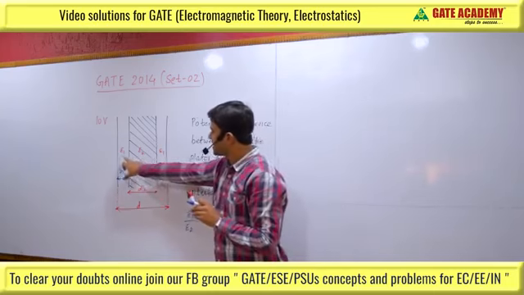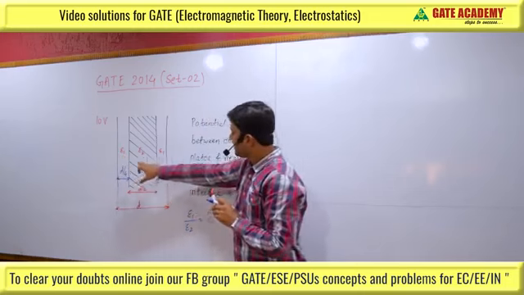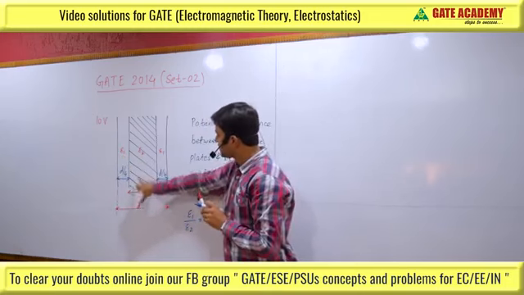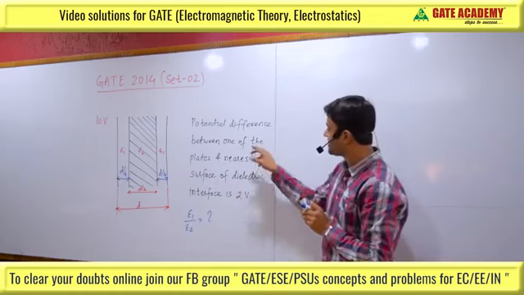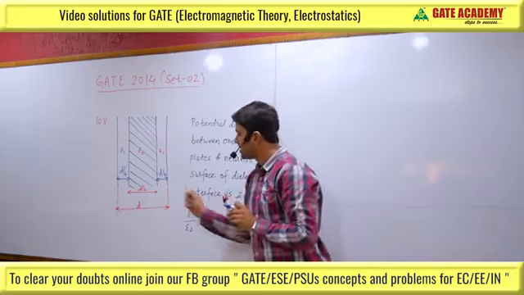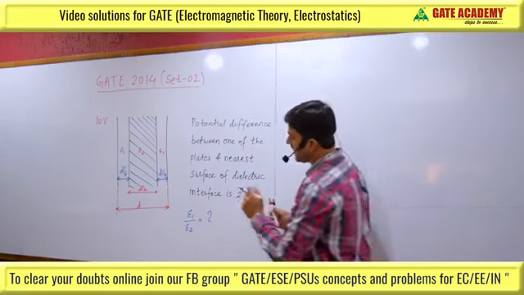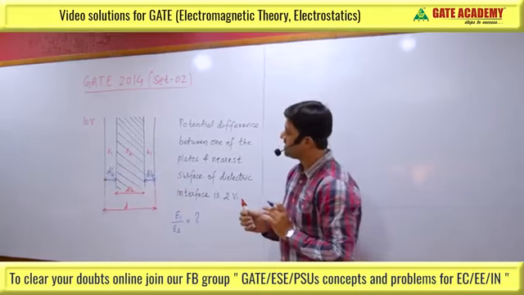The dielectric constant of this D by 4 region is epsilon 1, and the dielectric constant of the D by 2 region is epsilon 2. It is given that the potential difference between one of the plates and the nearest surface of the dielectric interface is 2 volt, and the total potential applied across this parallel plate capacitor is 10 volt.